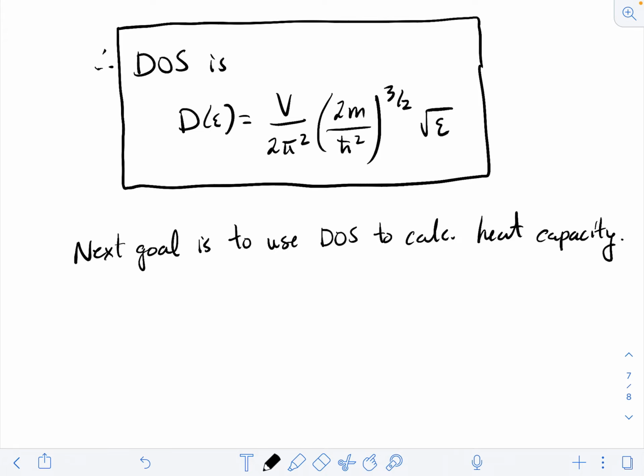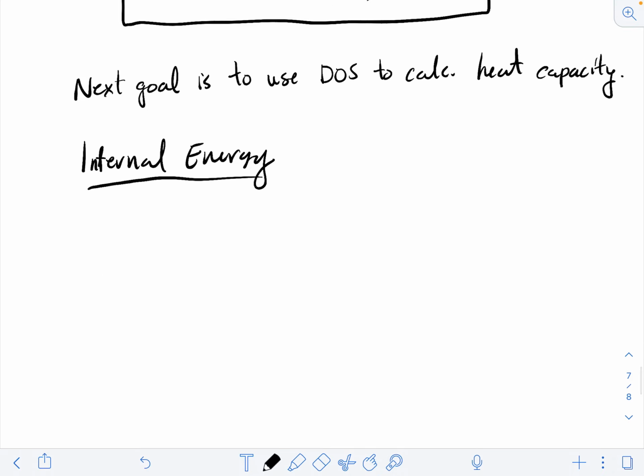Okay, so we'll start by seeing if we can calculate the internal energy of our system. And then we can use the internal energy and a temperature derivative to evaluate the heat capacity.